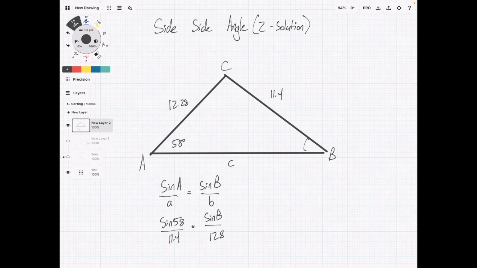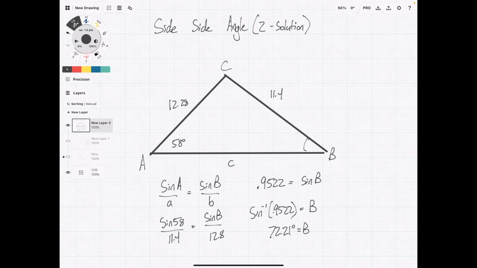All right, then if we work this out, this is going to be 0.9522 equals sine of B. So basically I just multiplied by 12.8. Then if we do the inverse sine of this value, we will find out that B is equal to 72.21 degrees.